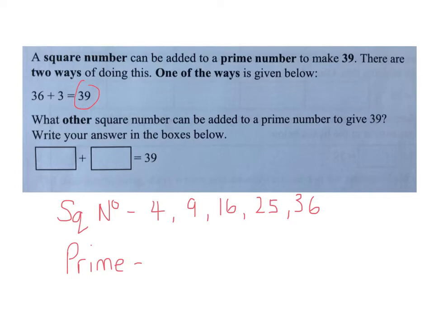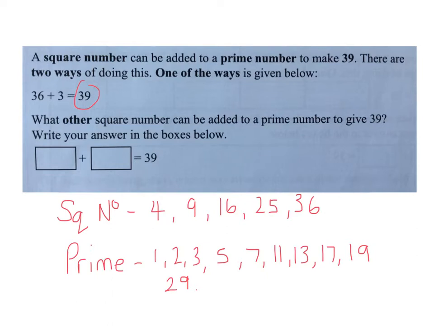Prime numbers can only be divided by themselves and 1. 1, 2, 3, 5, 7, 11, 13, 17, 19, 23, 29, and I think we have enough.